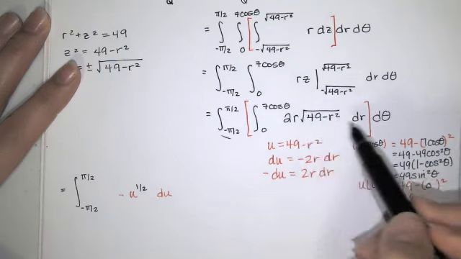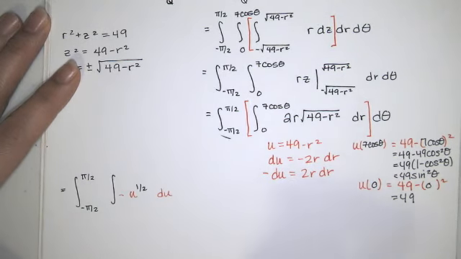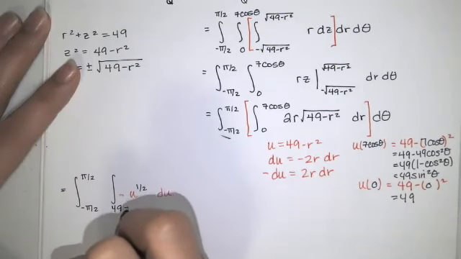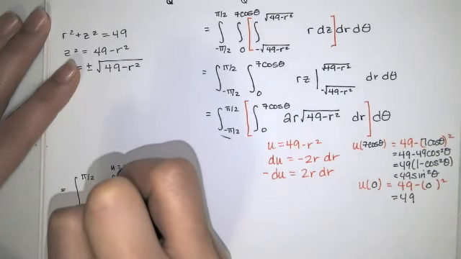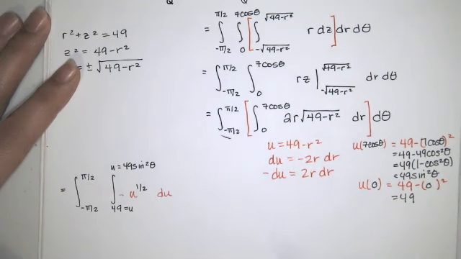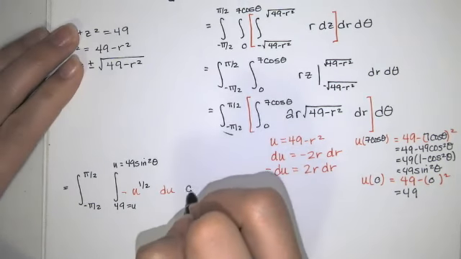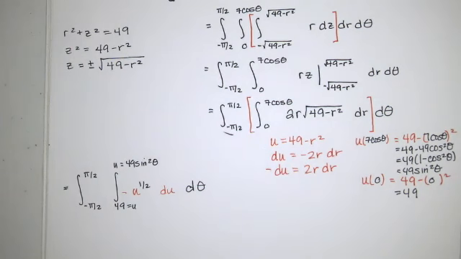And that's our integrand. And then we're taking the integral of that expression from u equals 49 to u equals 49 sine squared theta. And we're still working on the inside and working our way out.